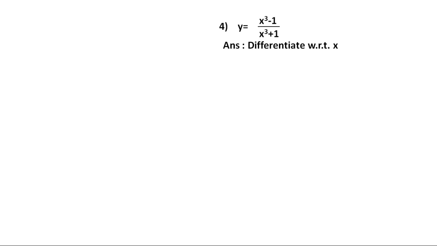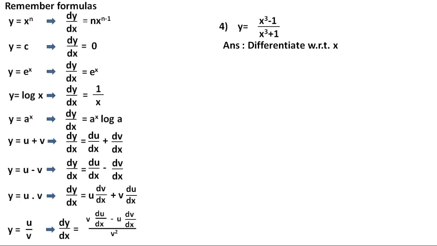Its derivative is dy upon dx is equal to v into du upon dx minus u into dv upon dx upon v square. Okay. Recall those formulas. Remember these formulas, in which we use the last formula. See, this formula we use.